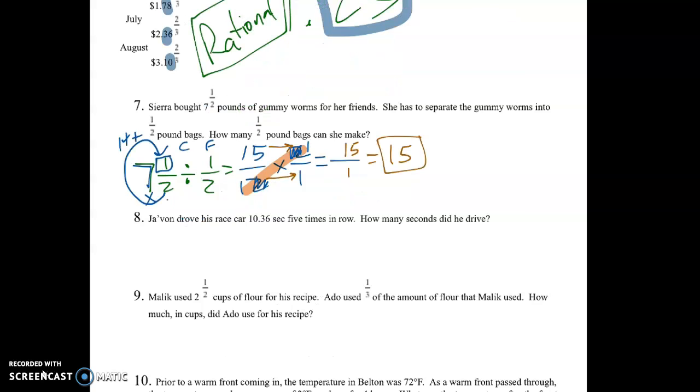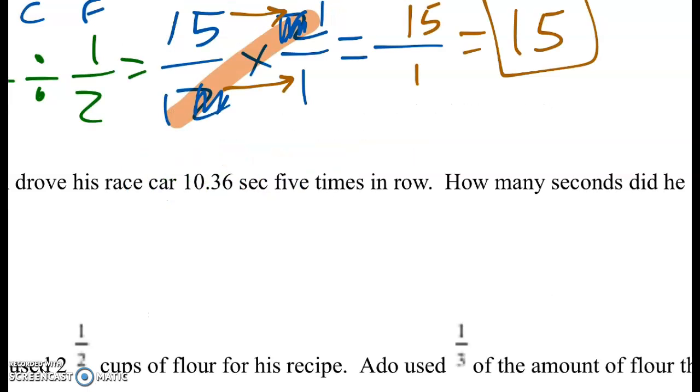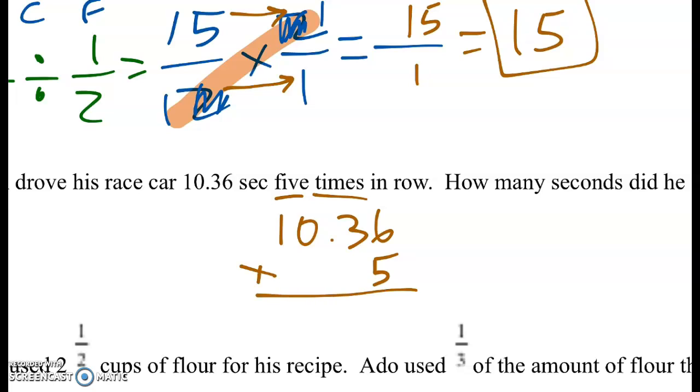Alright, number 8. Javon drove his race car 10.36 seconds 5 times in a row. So how many seconds did he drive? It's telling you. It's times. It's not just times, it's 5 times, right? So 10.36 times 5. How many decimal places do you see in there? I see 2 right there. I'm just going to write that over there.